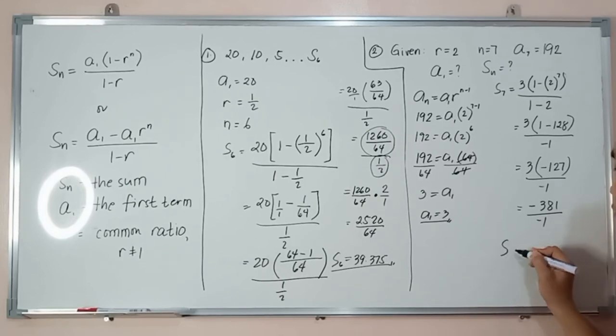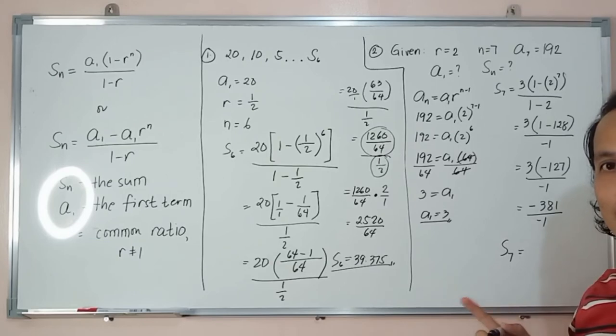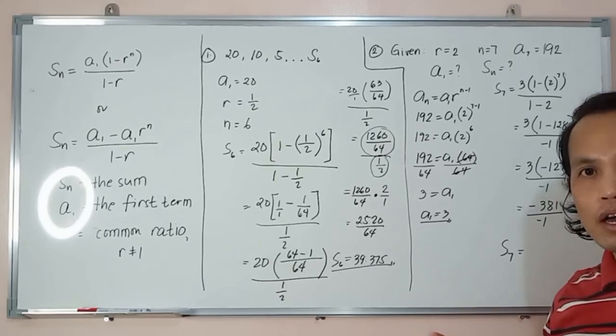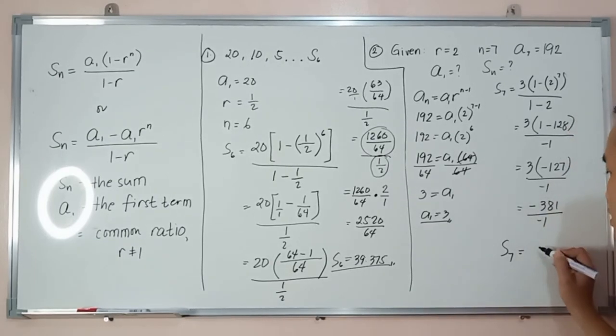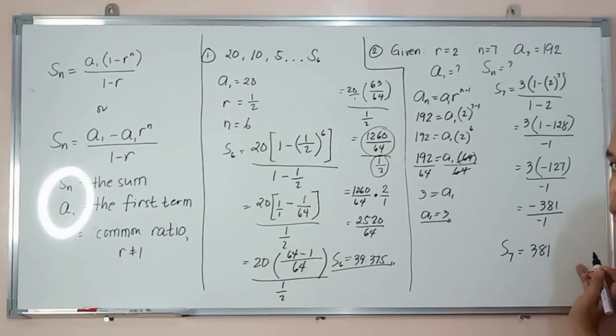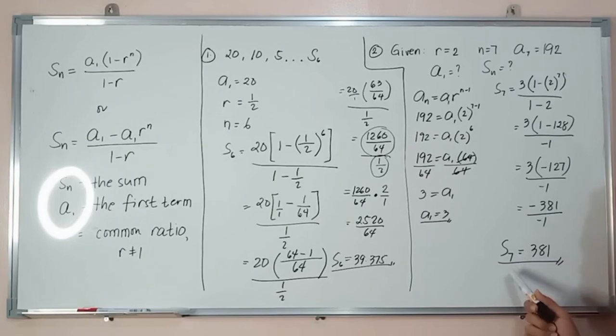So we'll have s sub 7 is equal to negative 381 divided by negative 1, which is of course positive 381. So this is now the sum of all the terms of the geometric sequence, 381.